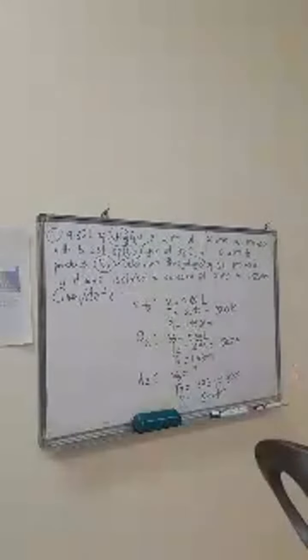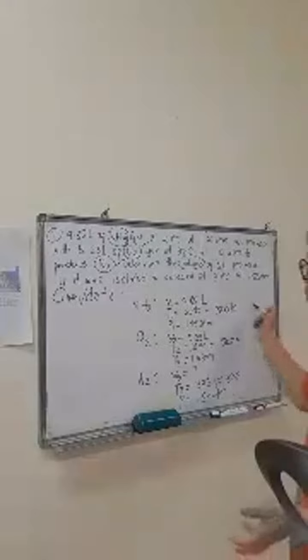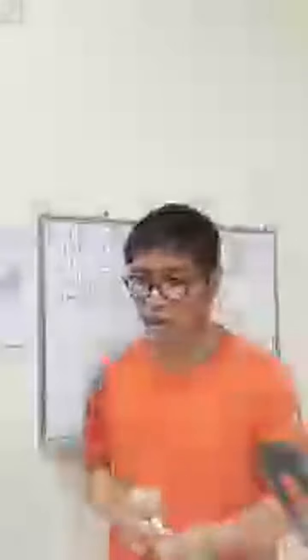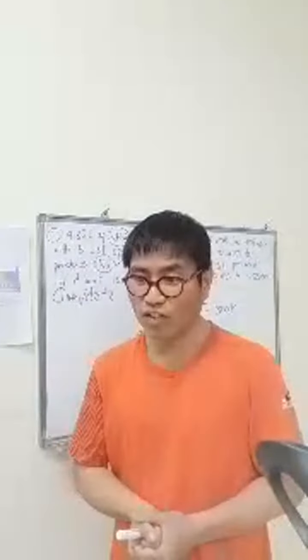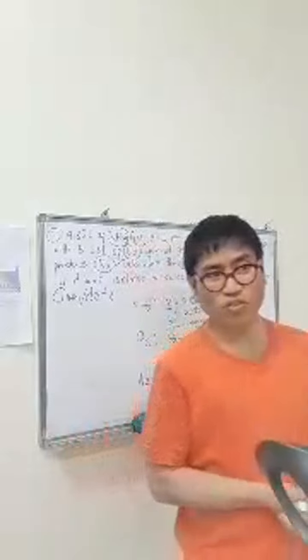Unless it is only one element, then you don't have to do the chemical reaction. But in this case, there are ammonia, oxygen, and nitrogen, so there is a lot of data. Obviously, we can use the standard formulas and equations of calculations.